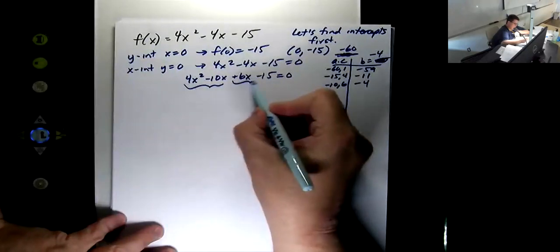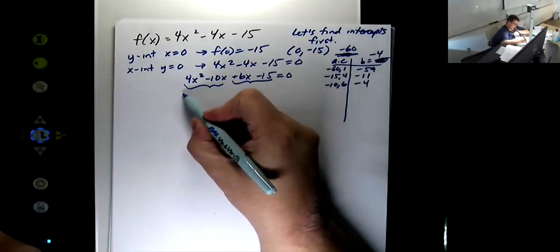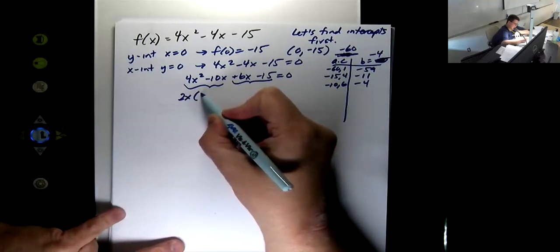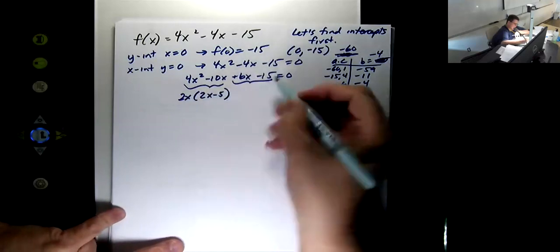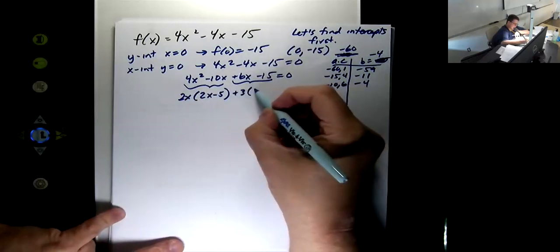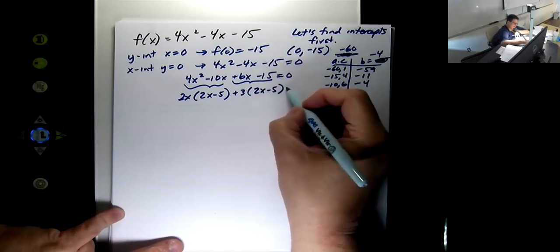So pair them up. We can take out a 2x on this and leave behind 2x minus 5. We can take a 3 out of this and leave behind 2x minus 5.